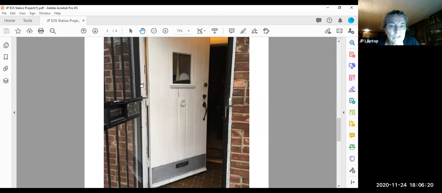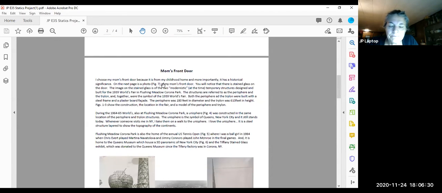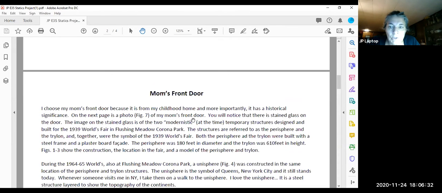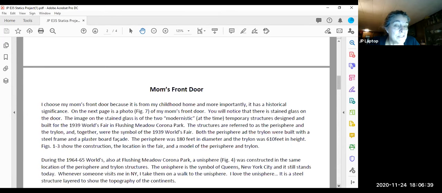So it's like an old-fashioned door, but what I love is this. It's a stained glass window that has a design in it. You'll notice that there's stained glass on the door. The image on the stained glass is of 2 modernistic temporary structures, this was at the time in the 60s, designed and built for the 1939 World's Fair in Flushing Meadow, Corona Park.